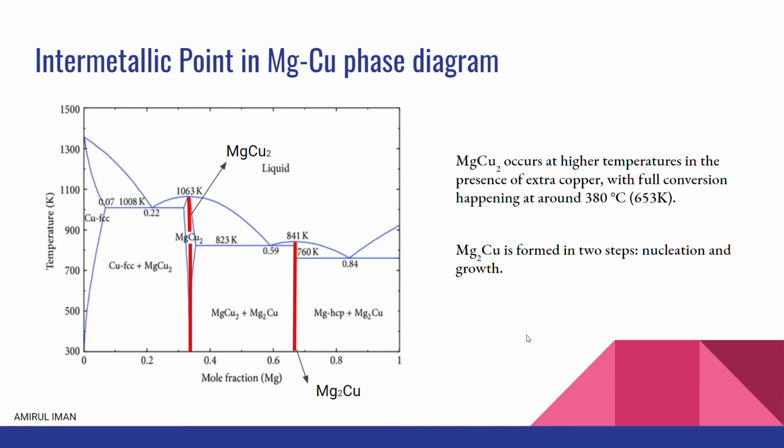So Mg2Cu is formed in two steps. The first one is nucleation, and the other one is growth. So it undergoes both of these steps in order to form the Mg2Cu. So the forming started from around 841 Kelvin.